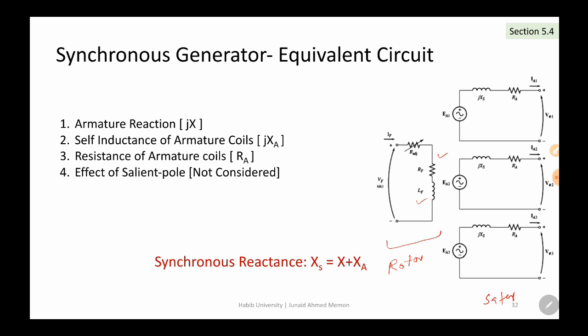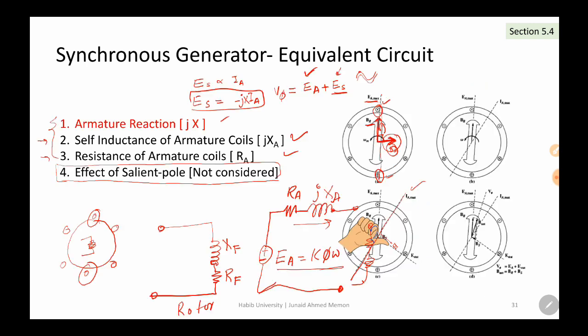And each will have a resistive component. Now we have two reactances in the circuit. Let's see the previous slide. We had one reactance, which is the self reactance, jX_A, and because of the armature reaction we add one more reactance here, which is just jX.